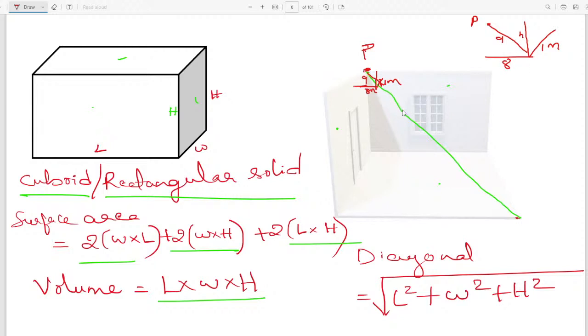If you have any query, you can please post here before I move to the solving part. Are things clear in this diagram, in this room's diagram? That is, where is the fly, the position of the fly? I'll just draw it again.